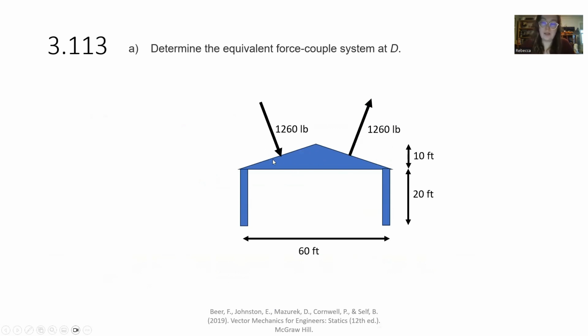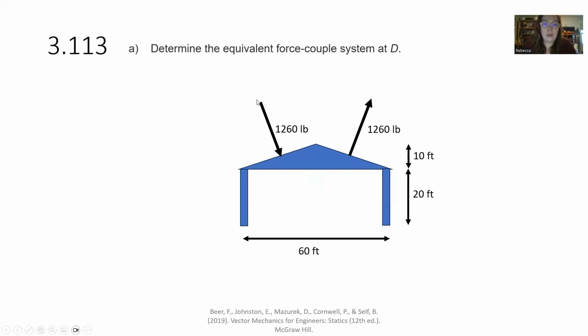The one on the left half of the roofing is in the positive x, negative y direction, and the one on the right side is in the positive x, positive y direction, meaning that our x elements add together. They're both going in the positive direction, and our y elements should counter each other: equal magnitude, same line of action, opposite sense, and so they'll cancel each other.